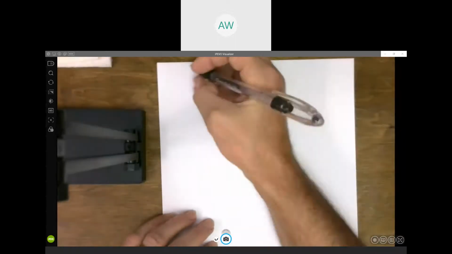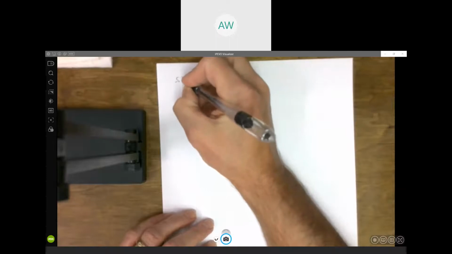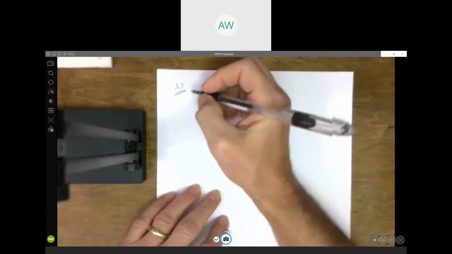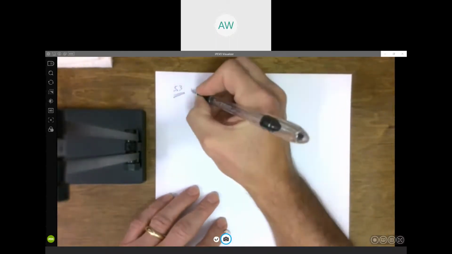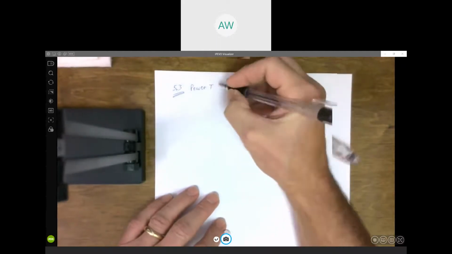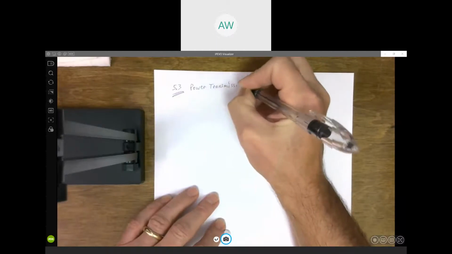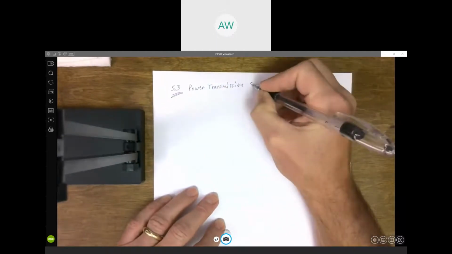A special little thing we're going to include here is in section 5.3. It talks about power transmission shafts.